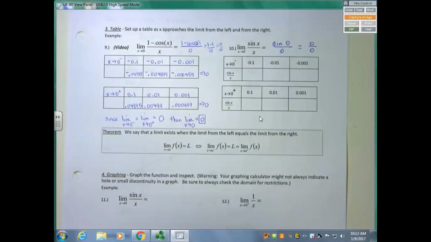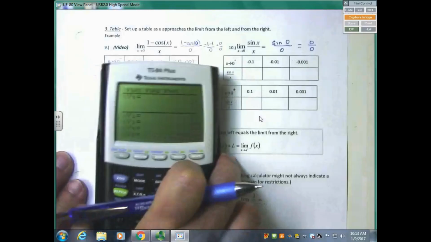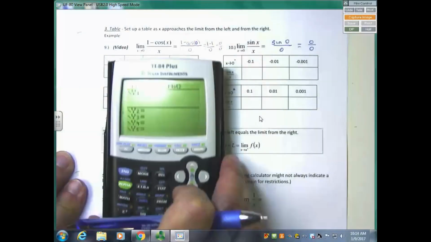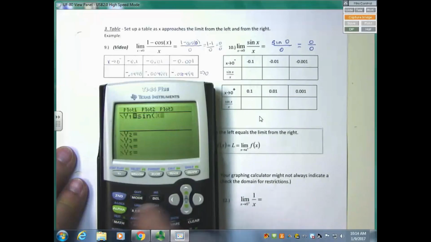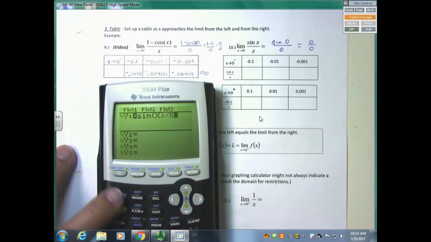Okay? All right, so what I want to do is go to my calculator, get to where you can see this. I'm going to plug in the sine of x over x, and I'm going to go to my table.